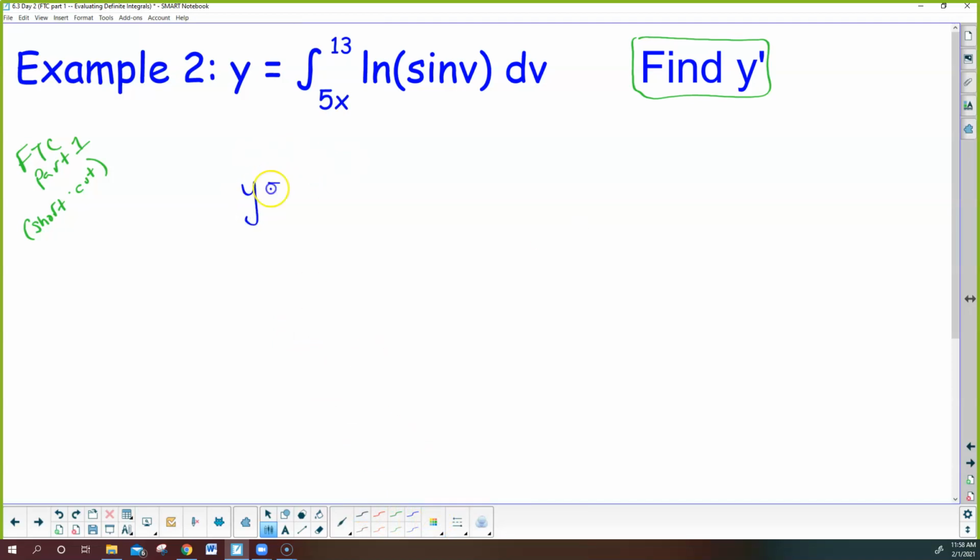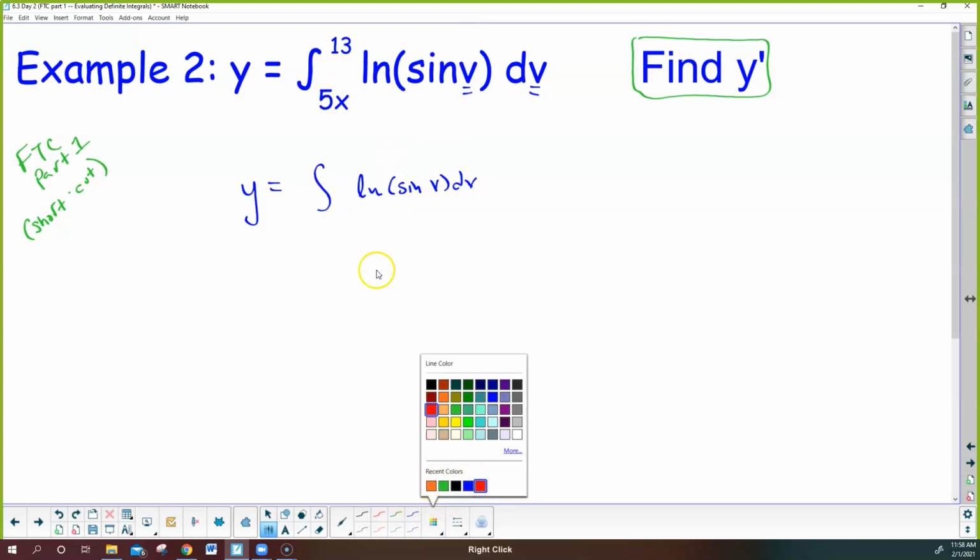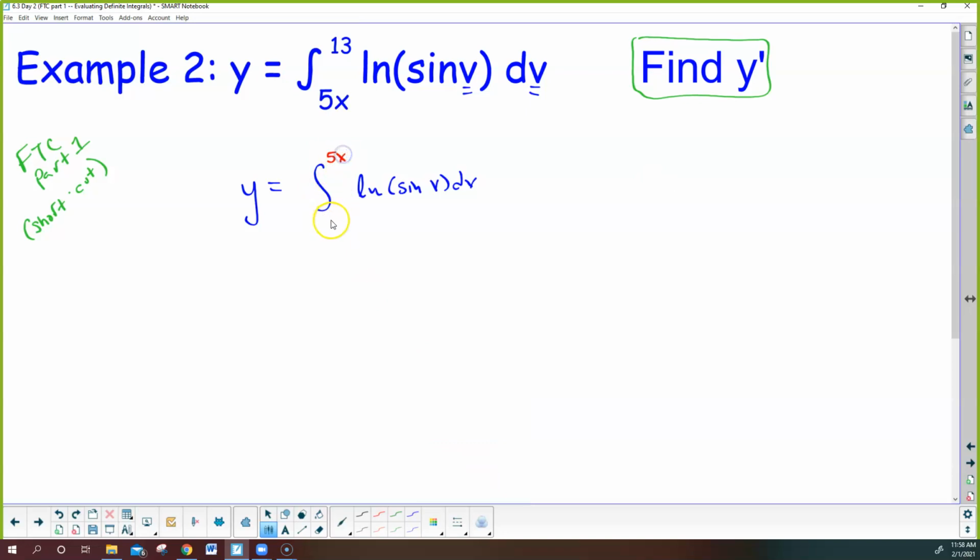So what I'm going to do is just rewrite this exactly the way it is. Now notice, see how it's v instead of t? That's fine. They call that a dummy variable because we're going to plug in x anyways. But I have to have x on top for this to work the way we want it to.